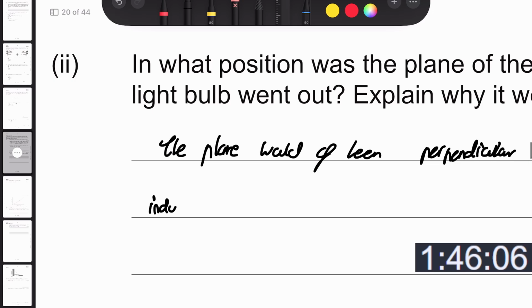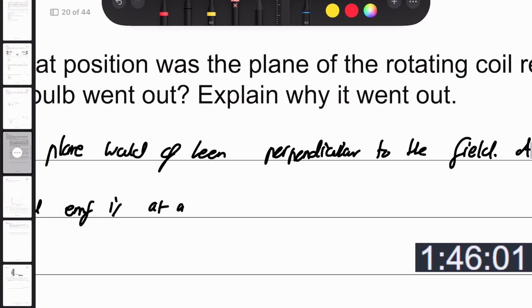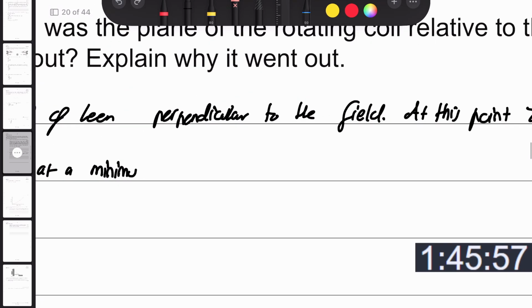Hence, induced EMF is at a minimum, therefore the light bulb goes out.